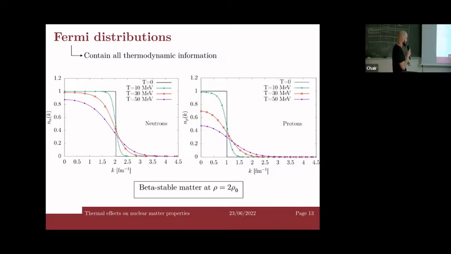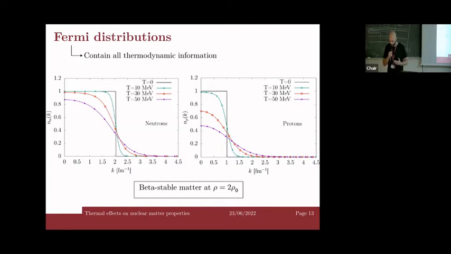So here we have the Fermi distributions for neutrons and protons at 2 times nuclear saturation density. And as you can see, the deviation with respect to the zero temperature Fermi distributions is larger for protons than for neutrons. And why so?